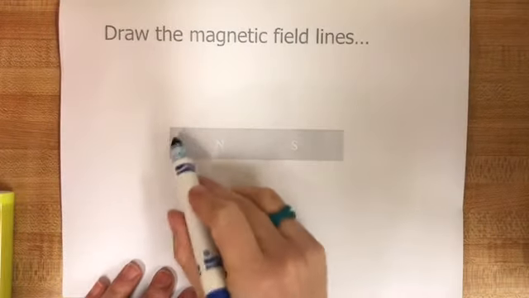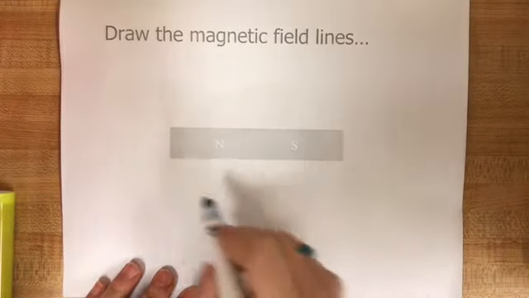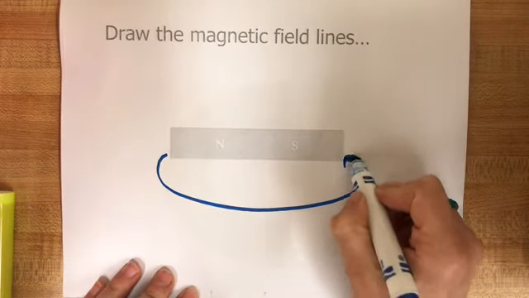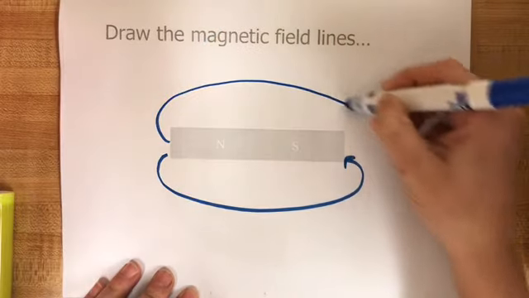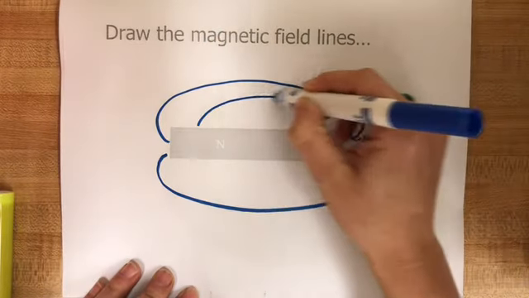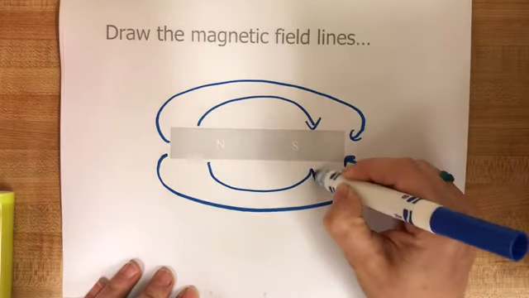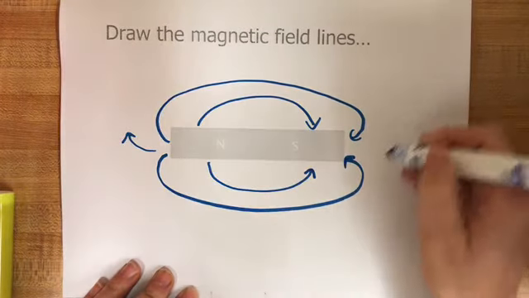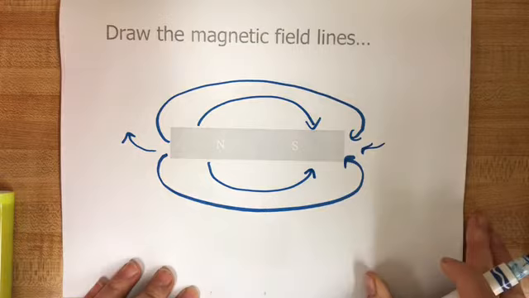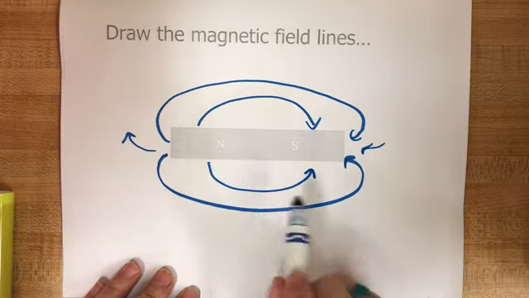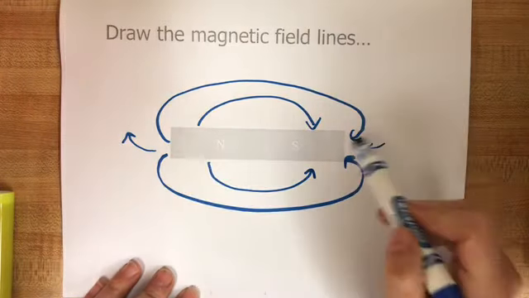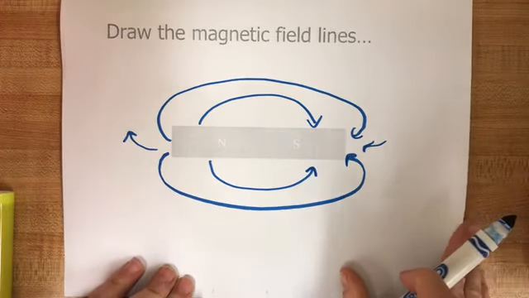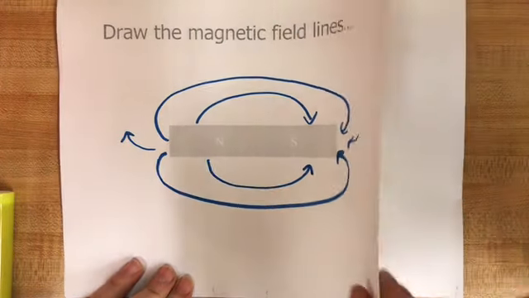So remember, if you have just one single magnet, it's always going to go from out of the north to the south, and then you're going to have some that are going to go all the way around and come back in like that. Okay, so that's if you have a single bar magnet. It comes out of the north to the south. So a single bar magnet is actually attracted to itself. It's just not going to bend because the material doesn't allow it to do that.